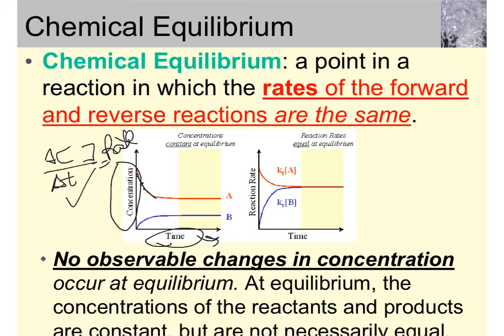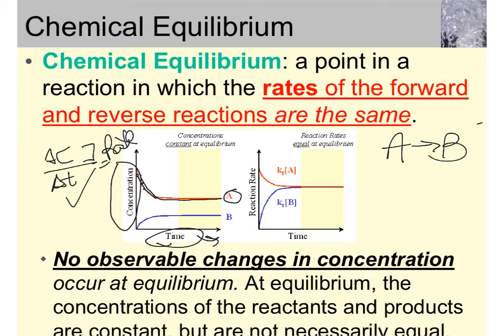And so we can see for reactants, such as A, if we have a reaction, now we're just talking about A going to B, that the amount of A is going to decrease over time, and the amount of any product, B, is going to increase over time.